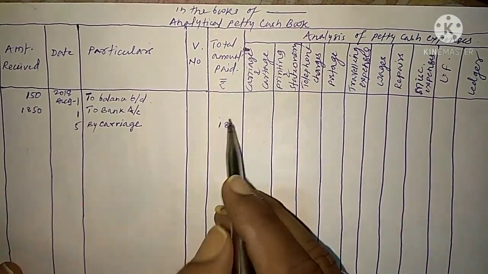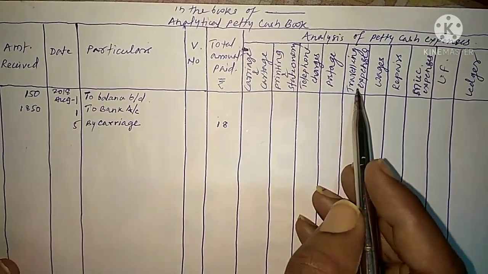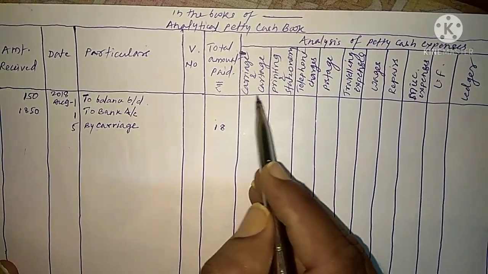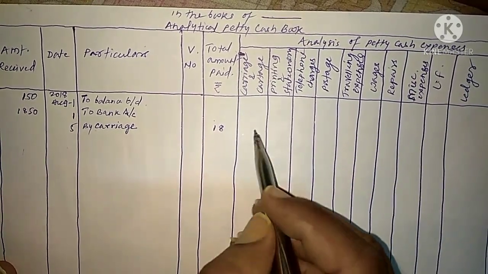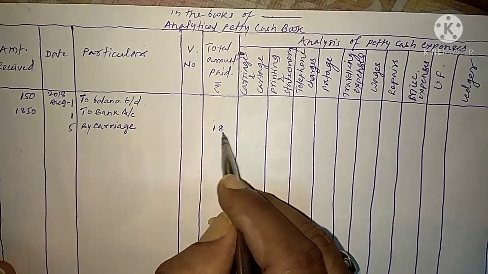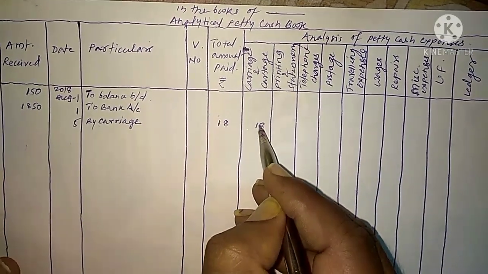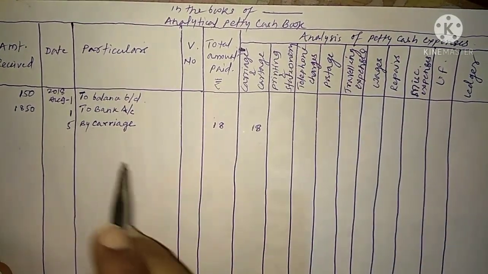And then for this carriage, we have the accounting head, that is the very first accounting head, carriage. Then we have to shift again this 18 rupees to their respective accounting head, that is carriage.